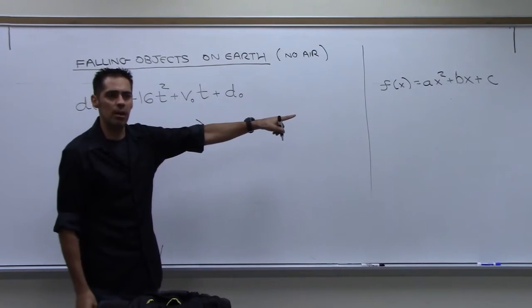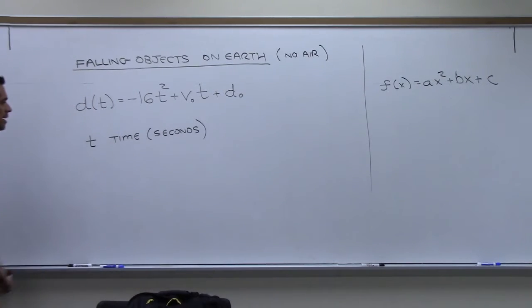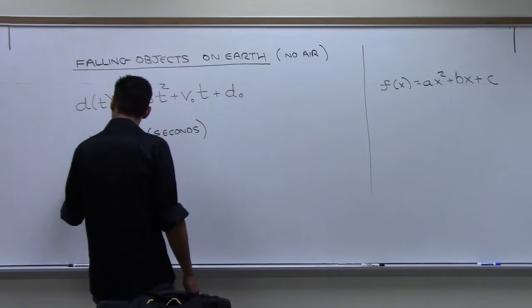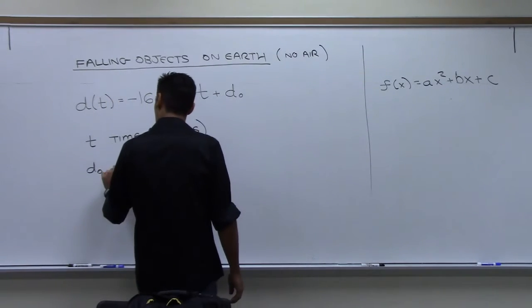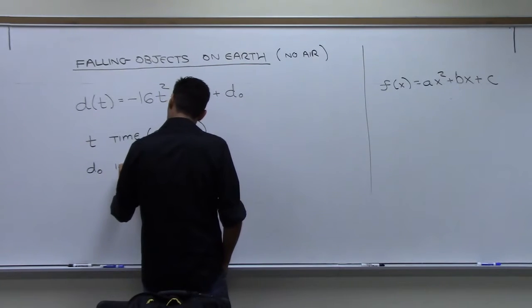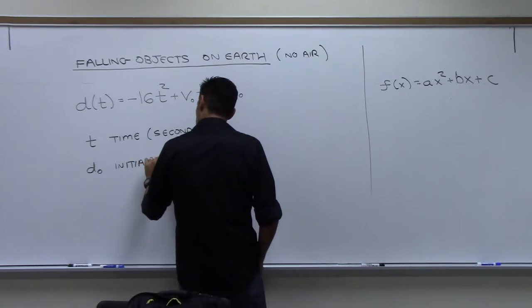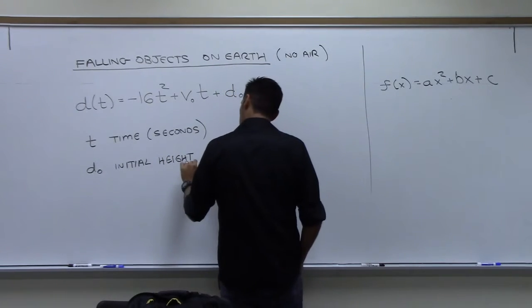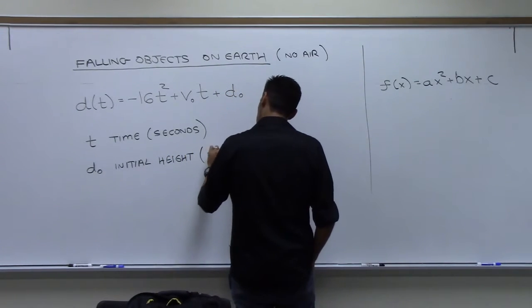All right? t is our variable. Seconds. d sub 0 is our initial height, and this is in feet.